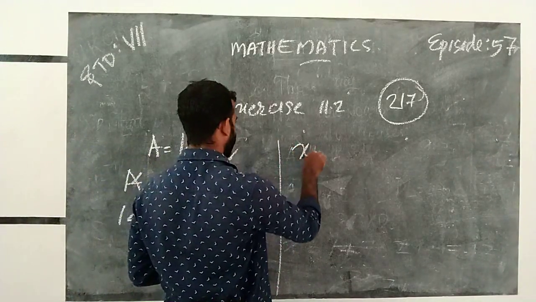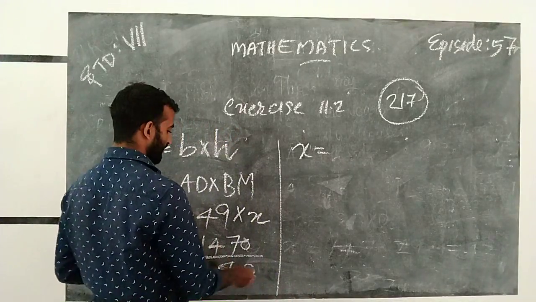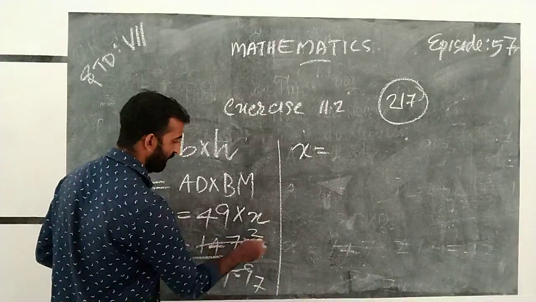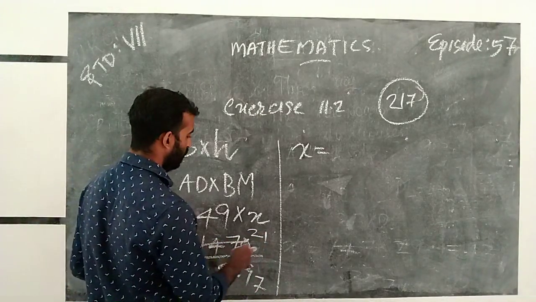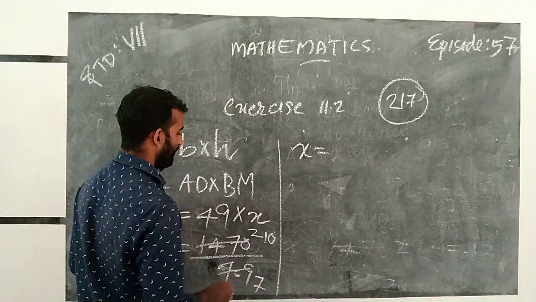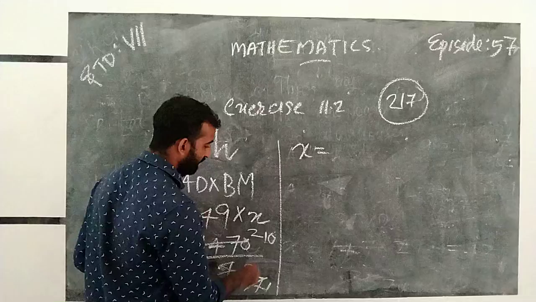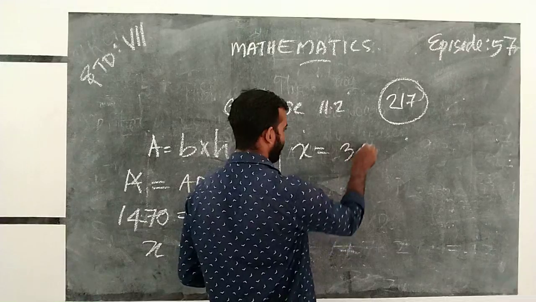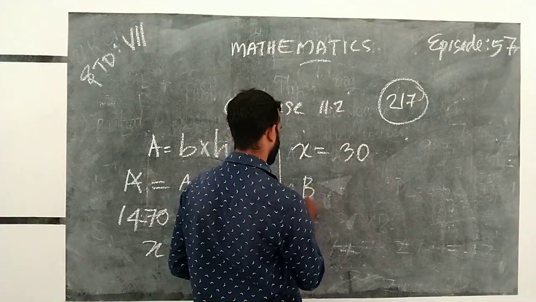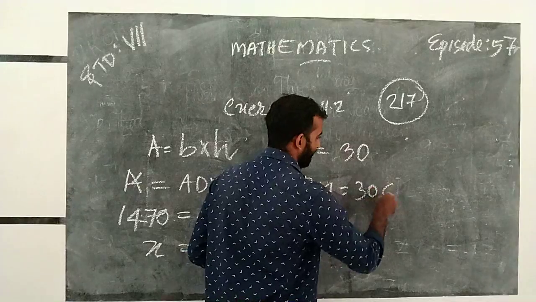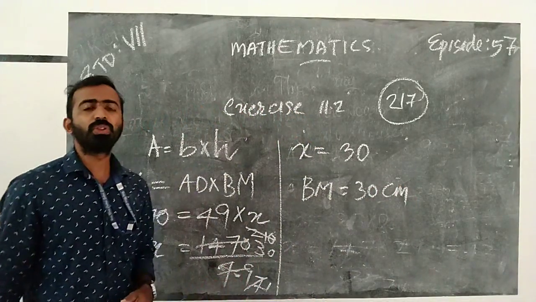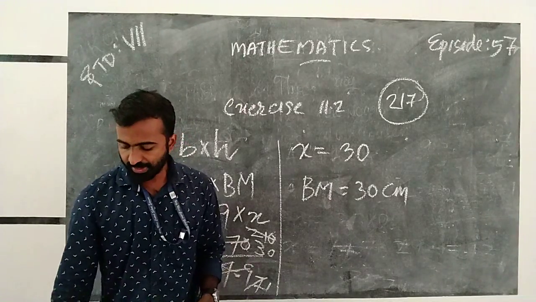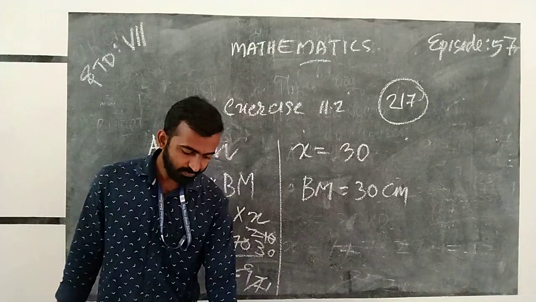We can simplify this: 7, 2, 1, 2, 1, 0, and next 1, 3, 0, that is 30. That is BM equal to 30 centimeter. BM equal to 30 centimeter. That is the answer for the second question.